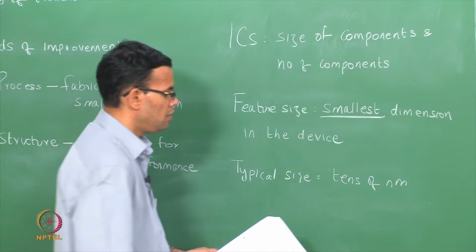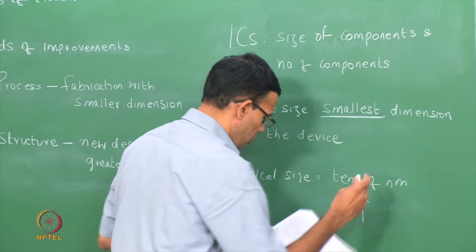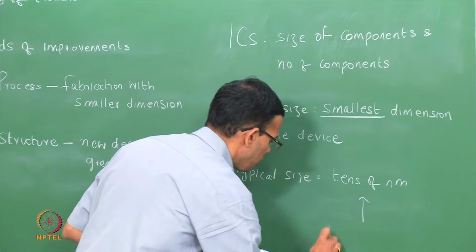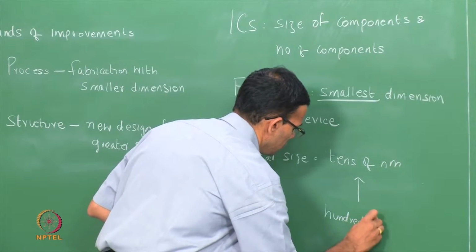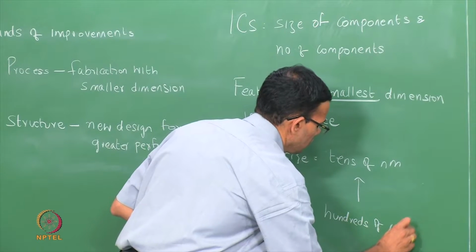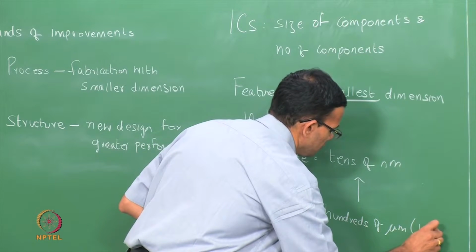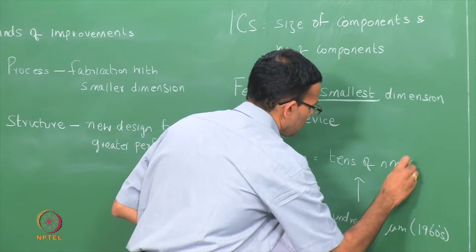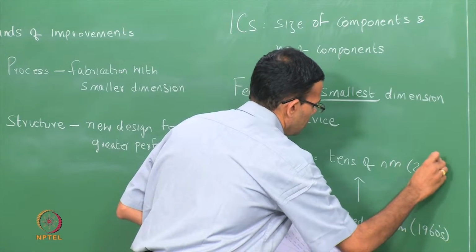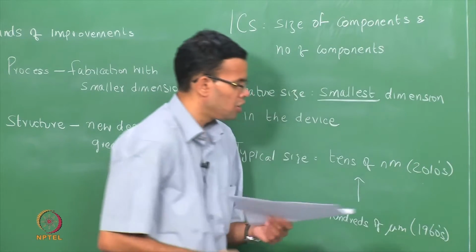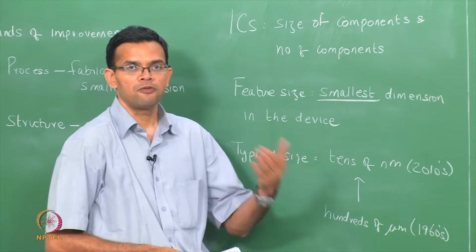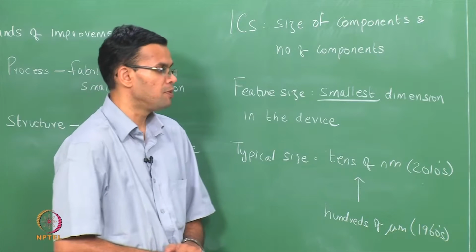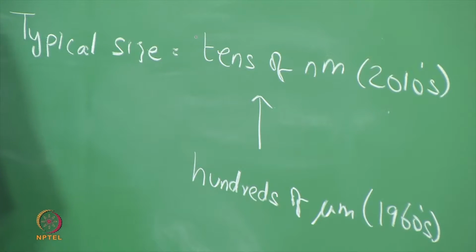So this started from around tens of micrometers or hundreds of micrometers in 1960s. So along with the reduction in feature size, the number of components within your chip has also increased.